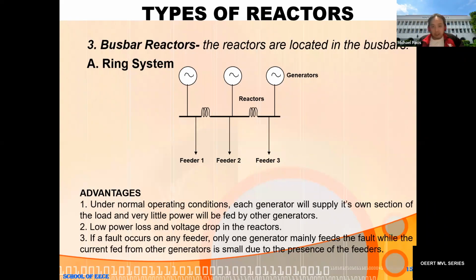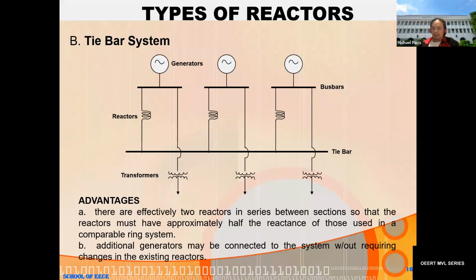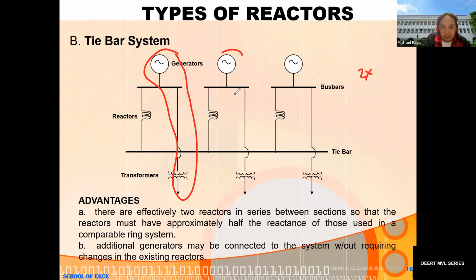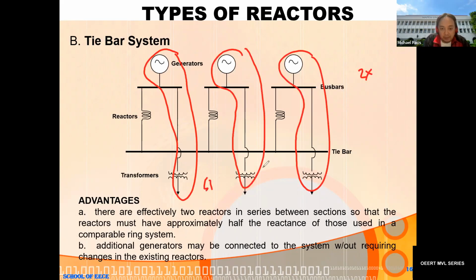Okay, now the most practical type of system in terms of the types of reactor arrangement is a tie bar. The tie bar is twice the protection on a ring system. As you can see here, we have section 1, section 2, and section 3 respectively.